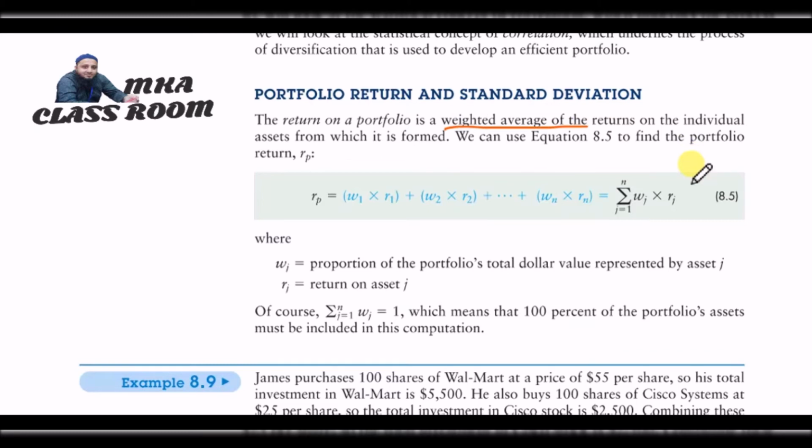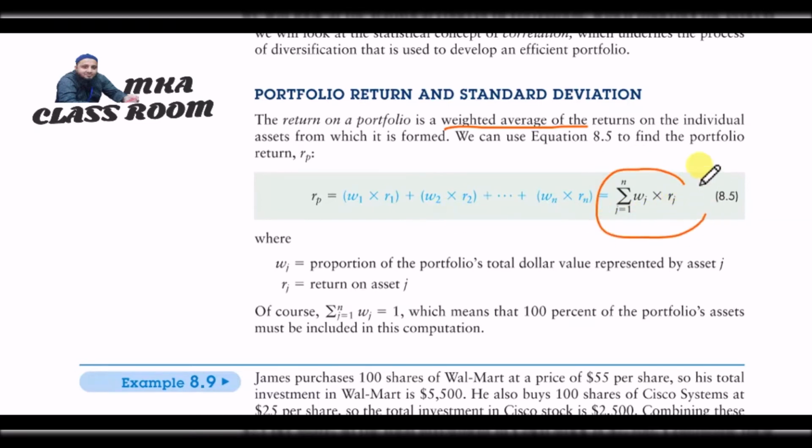Weighted average of returns of individual assets. Here W1 is the weight of asset 1, R1 the return of asset 1, R2 the return of asset 2, W2 the weight of asset 2.